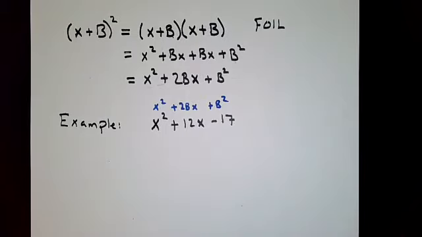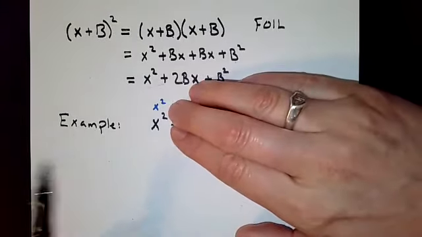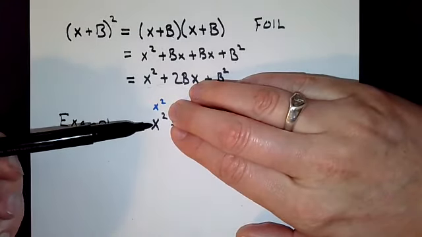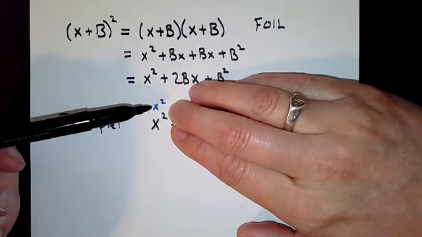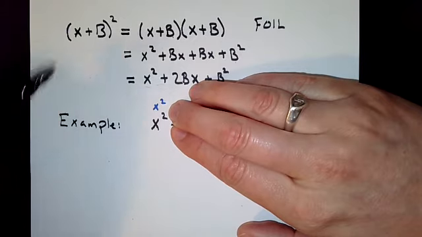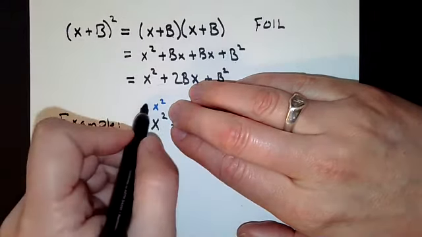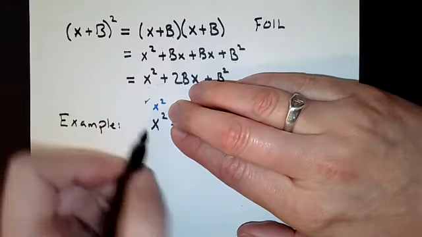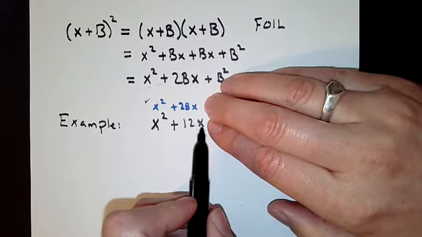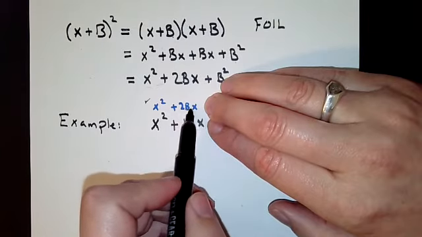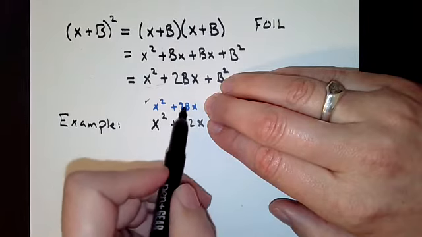So if we go term by term, starting with the x squareds, the term we're working with is 1x squared. Does that match the pattern? Yes. So we're good. What about the second term? Well, the second term, we have a 12x, and what we need is a 2 times b times x. Well, that's okay.